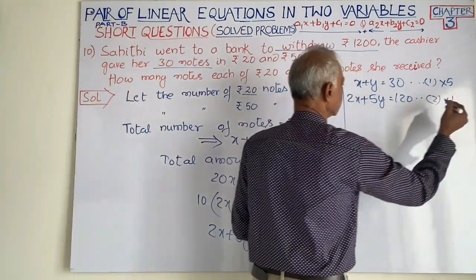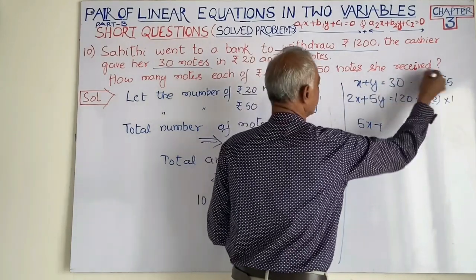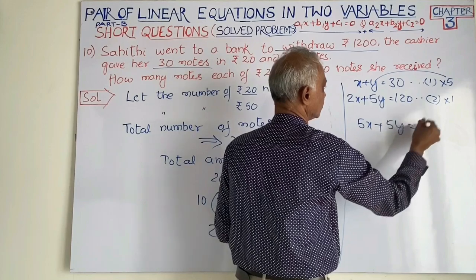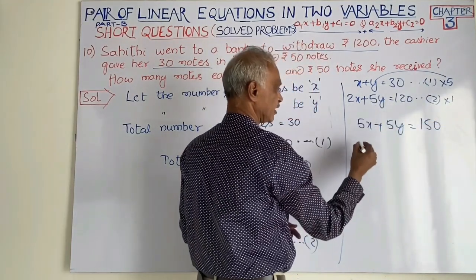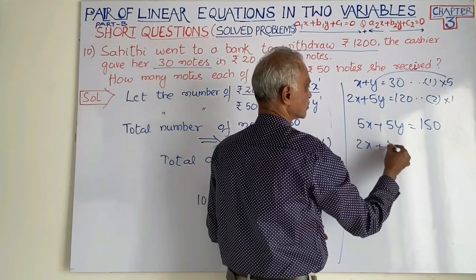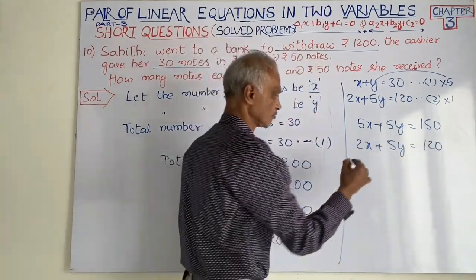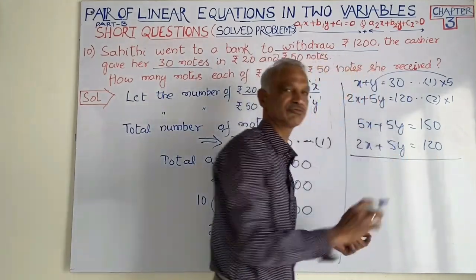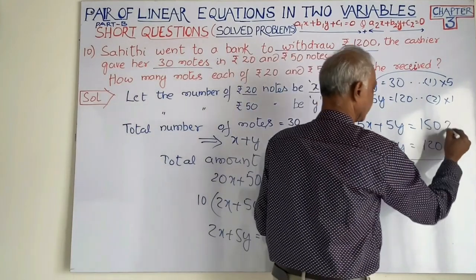5 into x, 5x plus 5 into y, 5y is equal to 5 into 30, which is 150. Next, you multiply with 1: 2x plus 5y is equal to 120. Keep as it is. Now both are plus 5y, that's why you have to subtract.